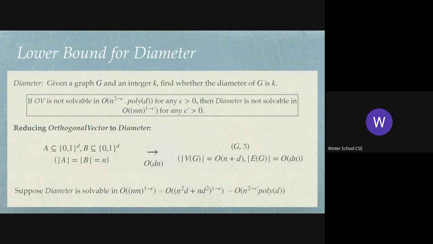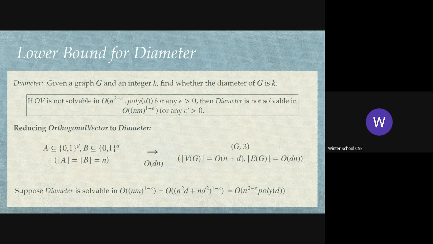So this thing: we have this graph of this size, and the reduction time is dn only. If we can do this reduction in this time and of this size, then there exists a pair of orthogonal vectors if and only if the diameter of G is 3.